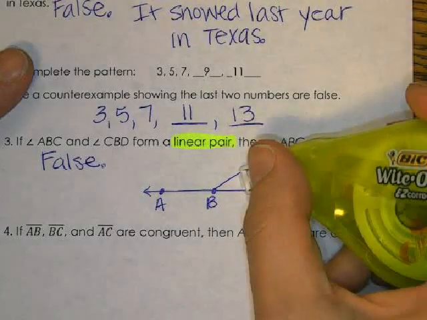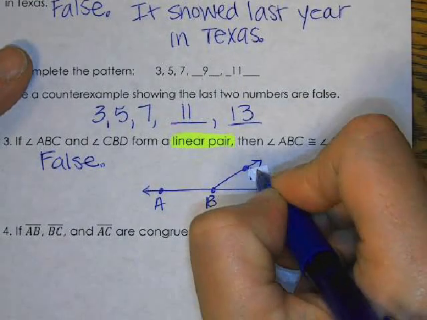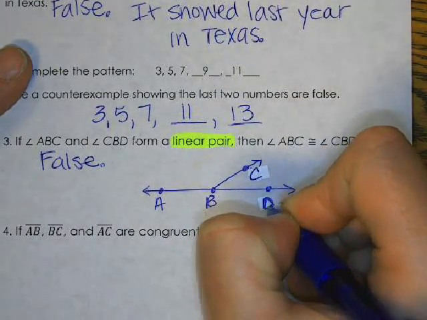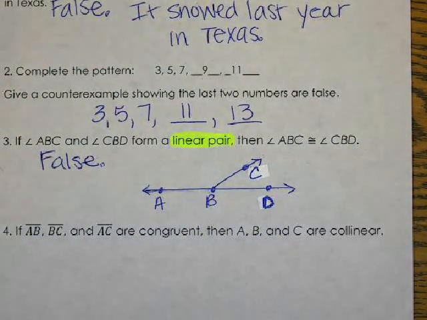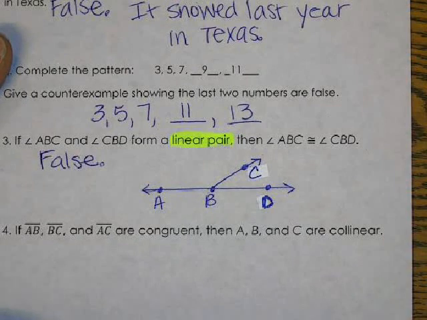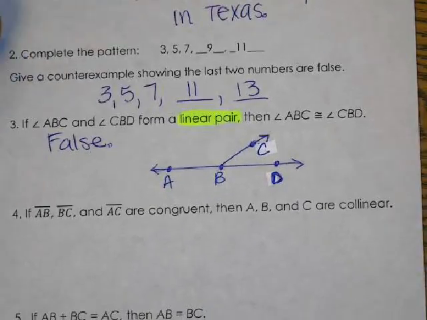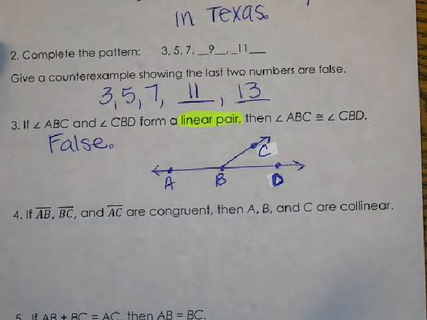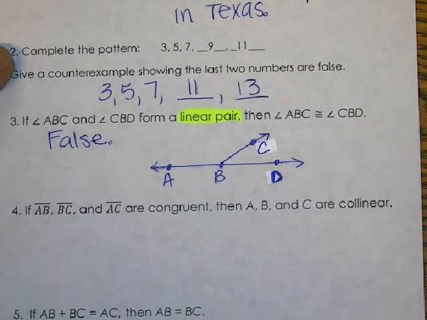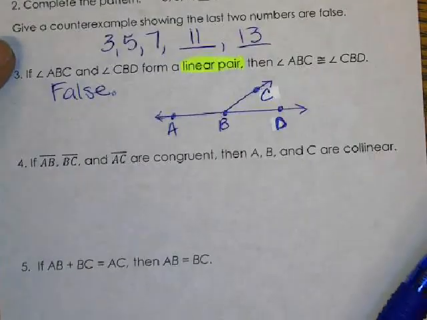My bad, this should be a C. It's angle ABC and angle CBD, like that. So angle ABC and angle CBD are not congruent. So that's my counterexample. Remember, all you have to do is draw a picture or tell me a sentence stating why my conjecture is wrong. This is a counterexample.